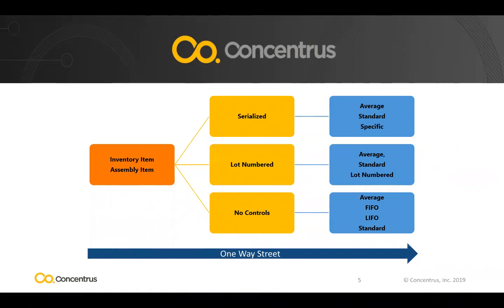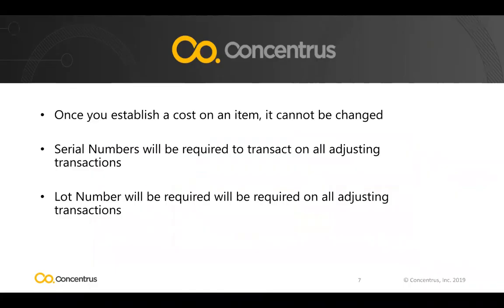You can rename the old SKU to old SKU, but ultimately you'll lose a lot of that original history associated with that item. So be very aware, and remember that if you want to change, you can change, but you have to create a new item to do that. So some of the basic rules which we just talked about: it cannot be changed once you establish it.